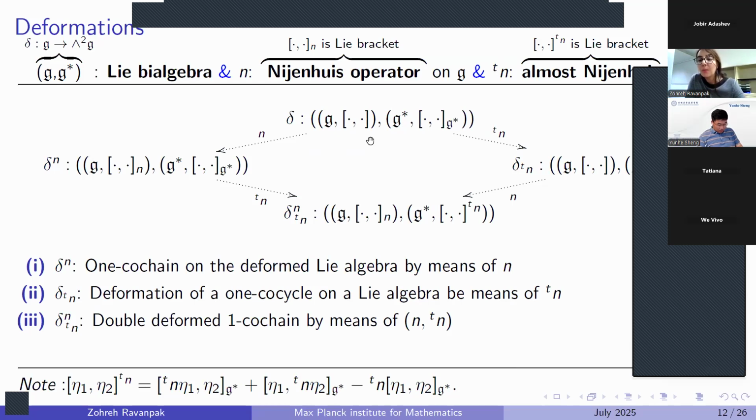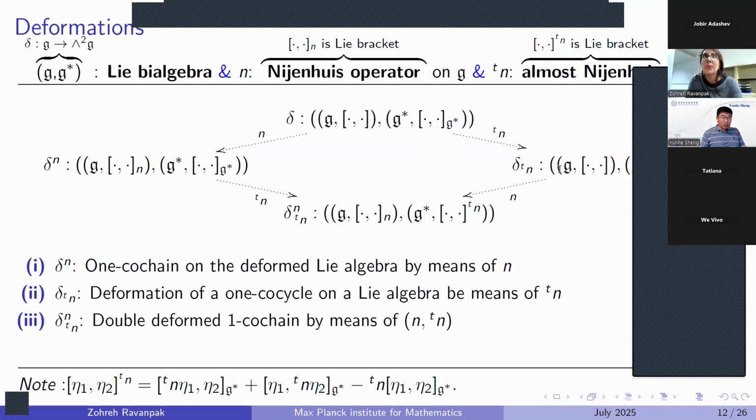We have three ways of deformation. Either we can deform the first Lie algebra by means of N, and we get a one-cochain on the deformed Lie algebra, or we can deform the dual Lie algebra by means of N transpose. We get another pair of Lie algebras.